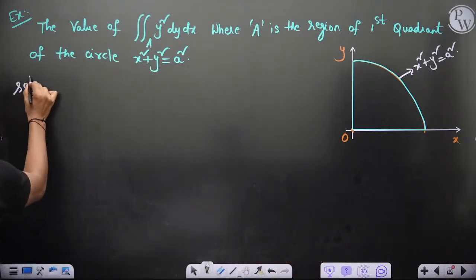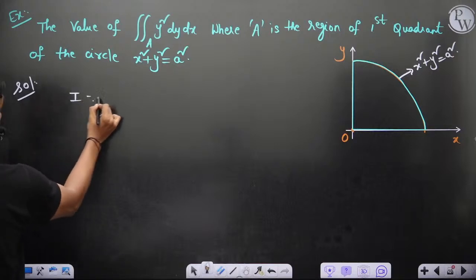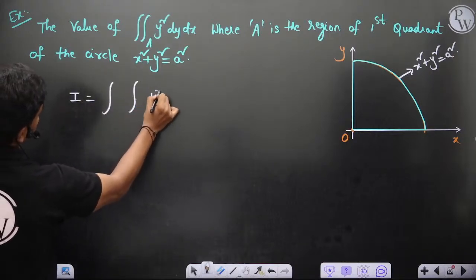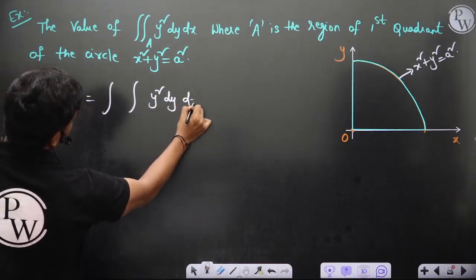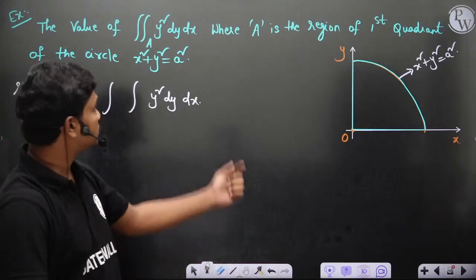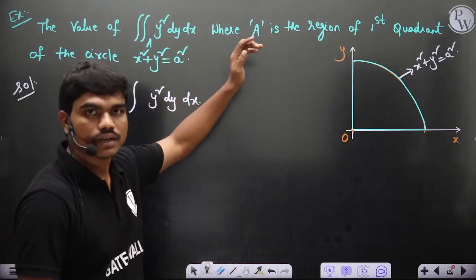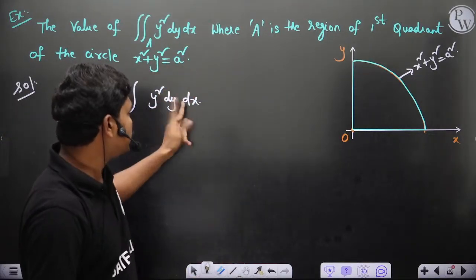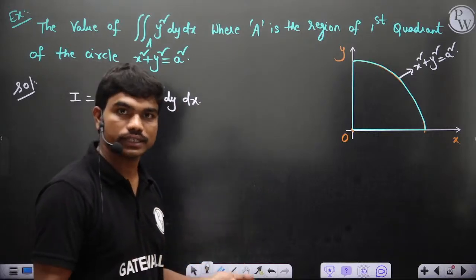Solution: I is equal to the integral of y square dy dx. So what shall we consider the first variable of integration? If you want, you can change the order of integration; it doesn't matter, in both cases you will get the same answer.